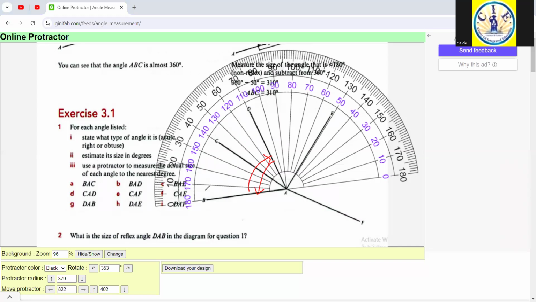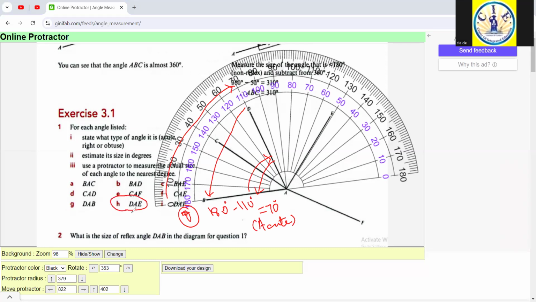Going from here till here, it is 70, and going from here till here, it is again 180 minus 110, that is 70. So for part G, this is an angle of 70 degrees, which is obviously an acute angle.